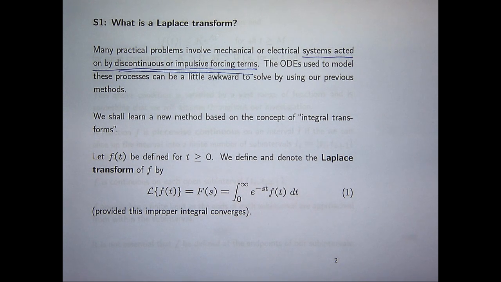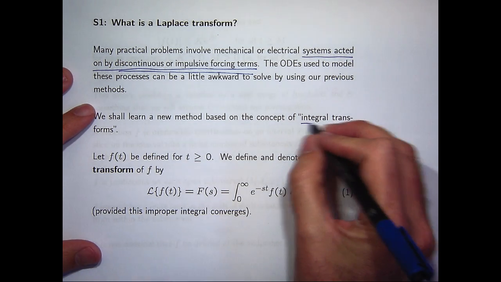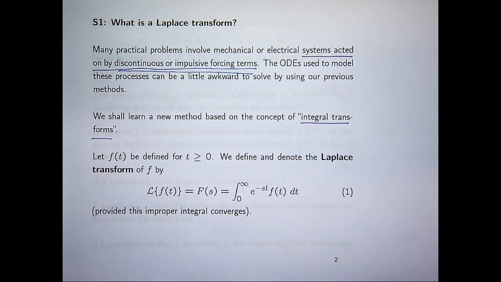The differential equations that we use to model these processes can be a little bit awkward to solve by the classical methods that we've learnt, such as the method of undetermined coefficients and the method of variation of parameters, variation of constants. So in this section, we're going to learn a new approach based on the idea of an integral transform. In particular, we're going to look at a special transform called the Laplace transform.